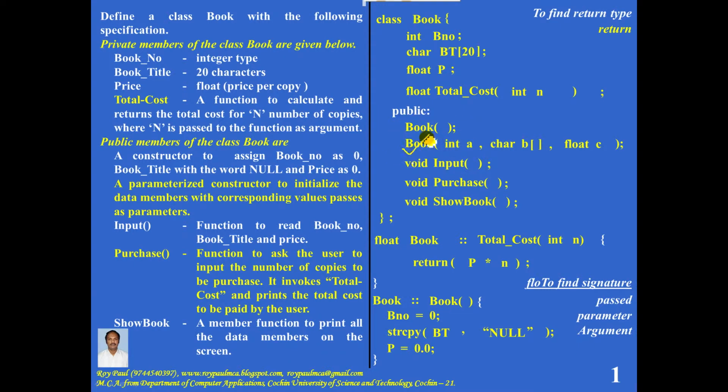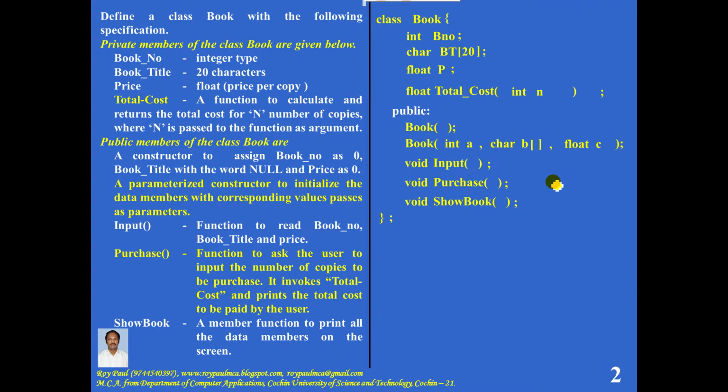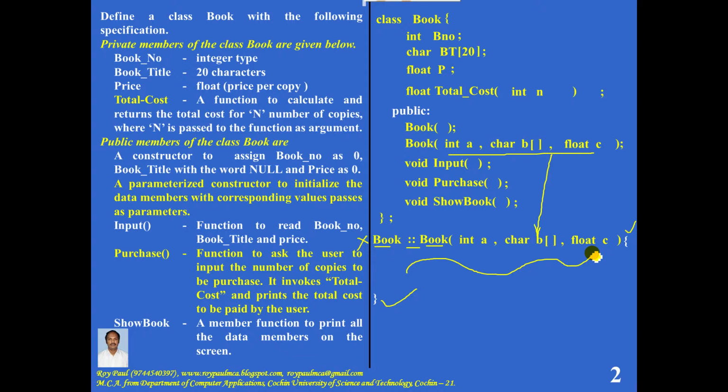Now let me define this one outside the class. No return type because it's a constructor, followed by class name, scope resolution operator, constructor name. Signature must be written as it is, opening curly bracket and closing curly bracket. How do you write the body of the constructor? A parameterized constructor, that is this one, to initialize the data members.